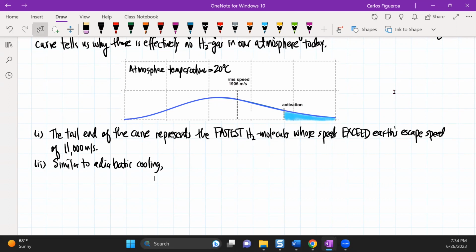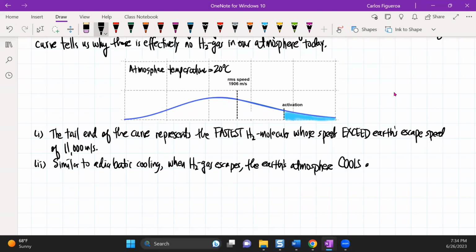So similar to adiabatic cooling, when H2 gas escapes, the Earth's atmosphere cools a bit from the sun's and Earth's warmth.